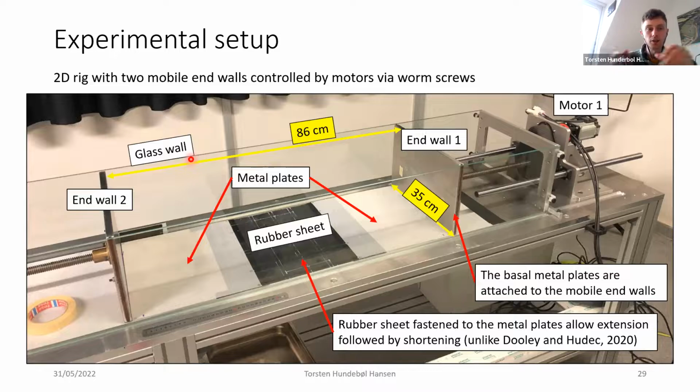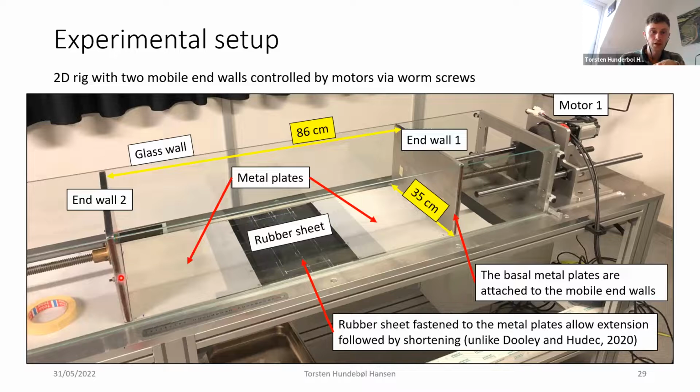And this is, mind you, a two-dimensional rig. It has a width of 35 centimeters, so that we assume that in the middle of this box we won't see any effects from the friction along the glass walls. The whole thing is 86 centimeters long.